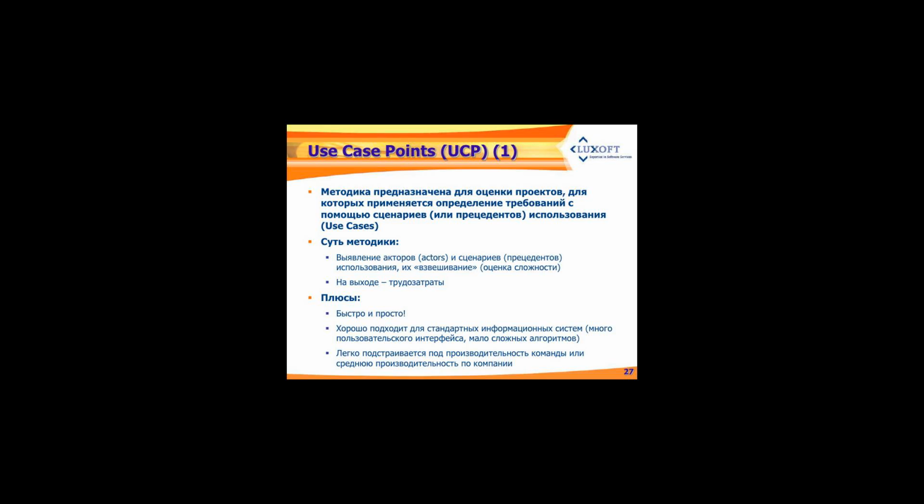Method. The method for determining the size estimate to develop a system is based on a calculation with the following elements. Unadjusted use case weight, UUCW, the point size of the software that accounts for the number and complexity of use cases.